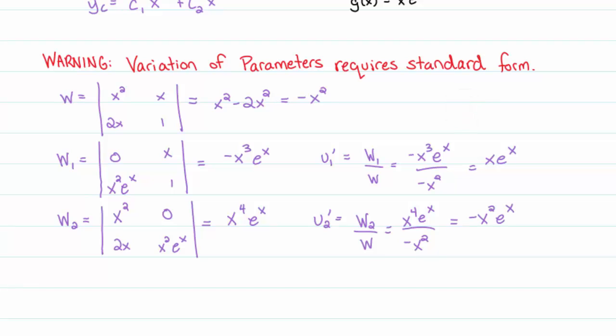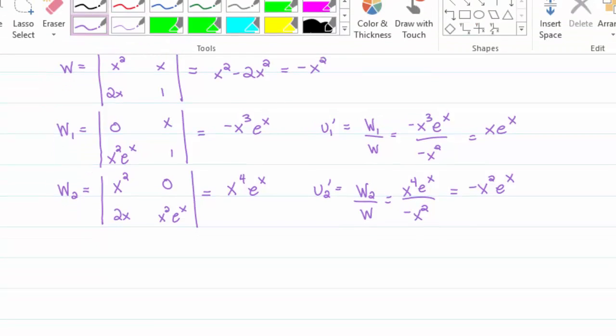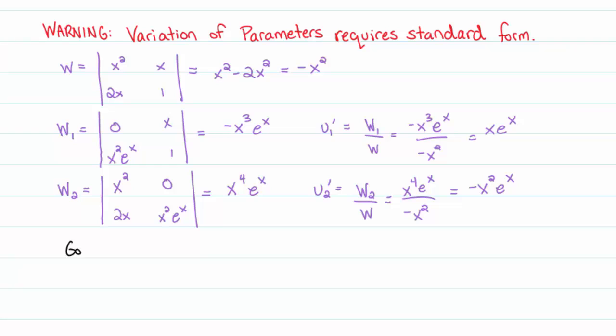And now we need to integrate both of those to find out what u1 and u2 are. Remember, just to remind you of what our goal is, our goal is to find u1 and u2 so that our particular solution will be u1 times y1 plus u2 times y2.